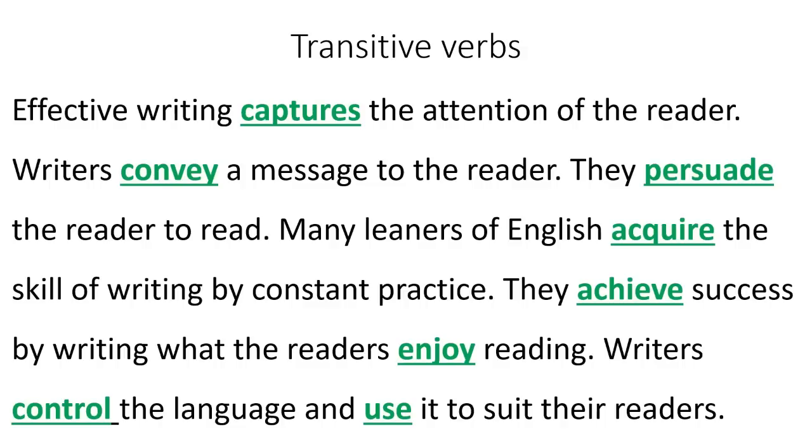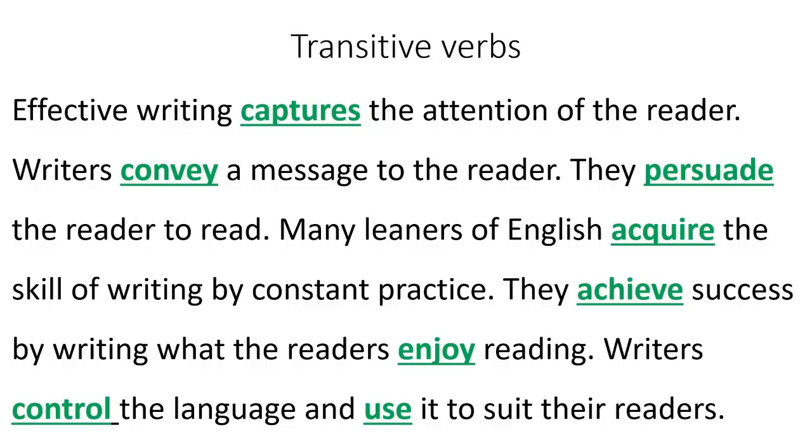So in this passage, we have transitive verbs only. We do not have any other kind of verb. The words are underlined and they are put in green. You can see that these are the verbs. Every sentence requires a minimum of a subject and a verb.